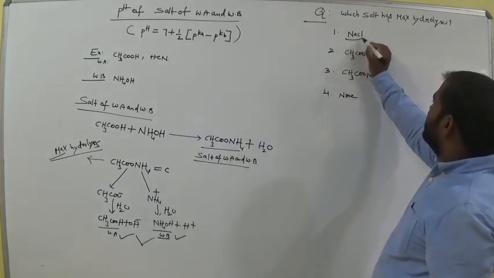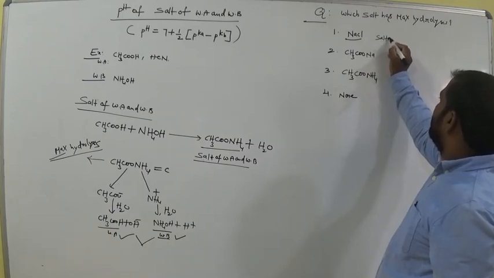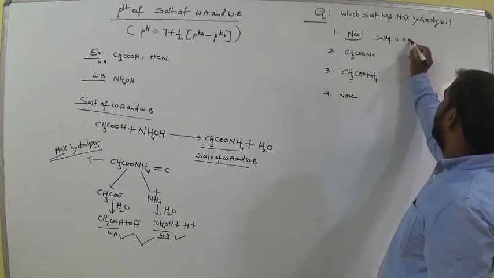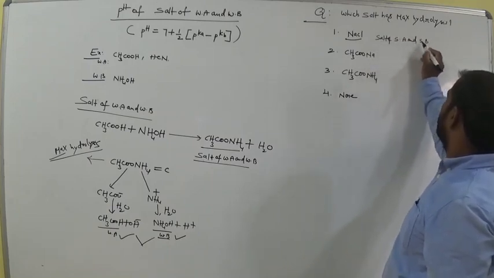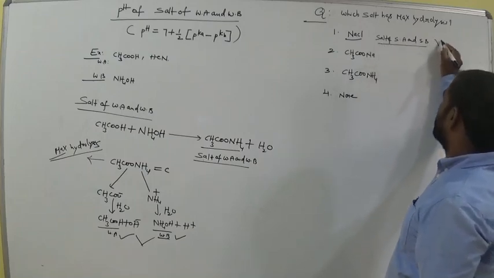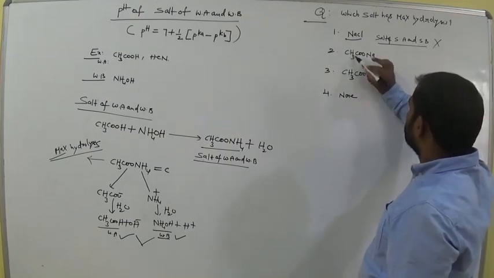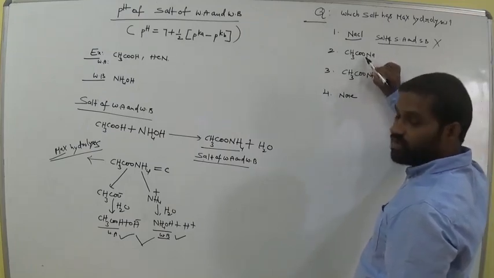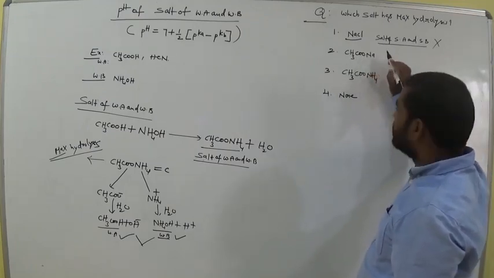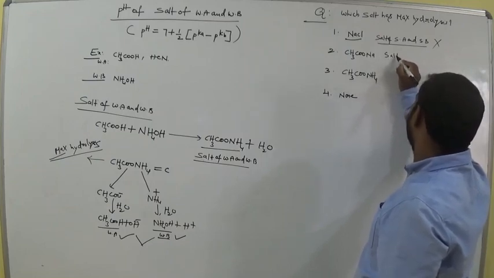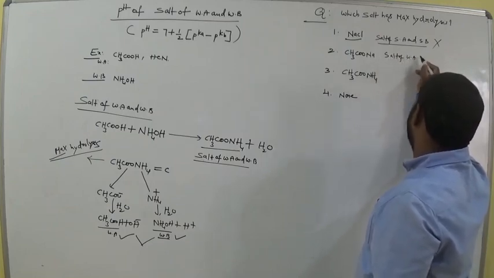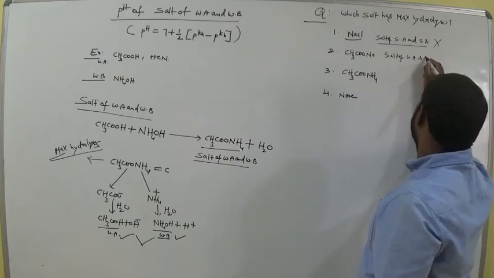Now NaCl is the salt of strong acid and strong base, am I right? It doesn't undergo hydrolysis, as we already discussed. Now come to this one. CH3COO minus is from a weak acid, so this is the salt of weak acid and strong base.